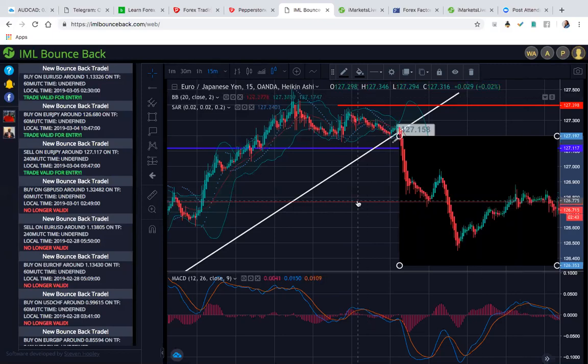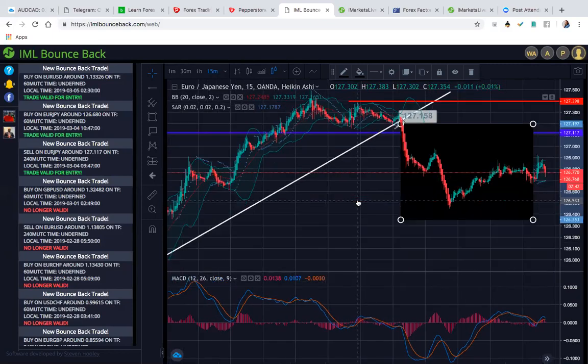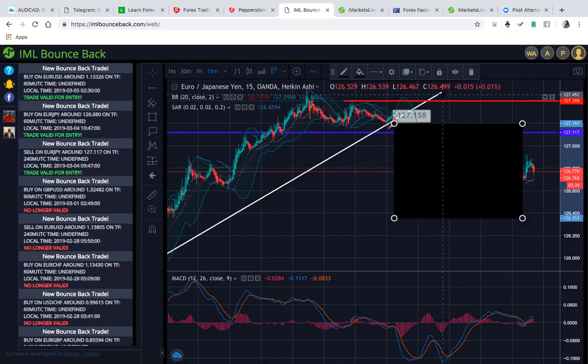Or zoom out, look left. Look for areas of rest. So I'm going to draw them out. Let me change the color. Areas of rest. In other words, previous lows in the previous uptrend.